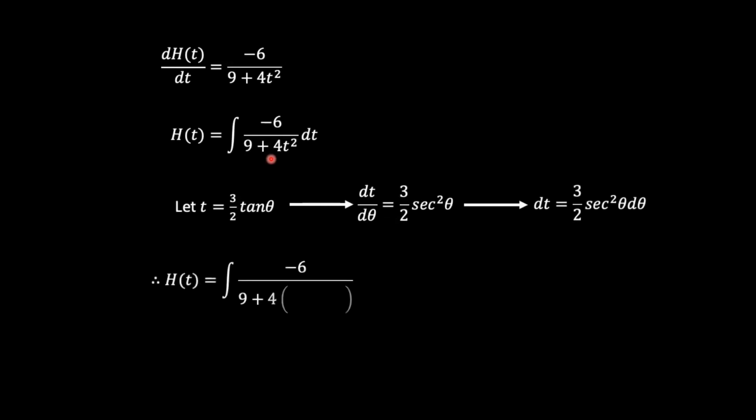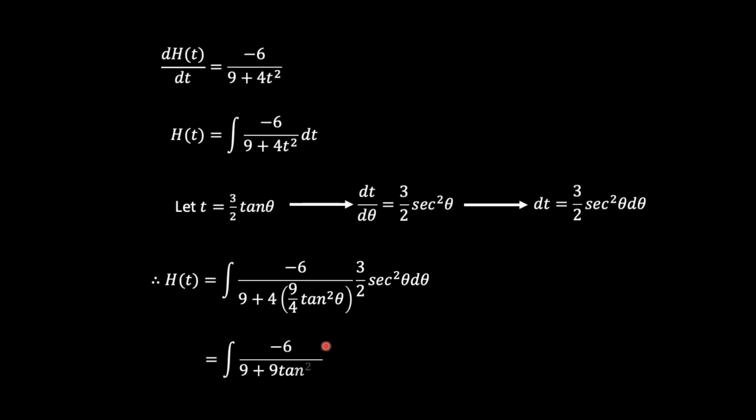So now h(t) is equal to the integral of -6 over 9 plus 4 into bracket 9 over 4 tan squared theta, times 3 over 2 sec squared theta d theta. This last term comes in place of dt.